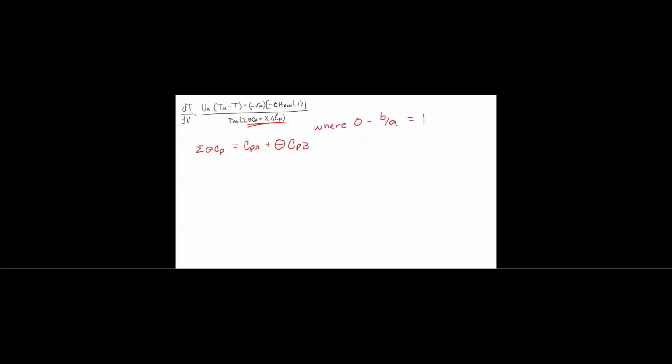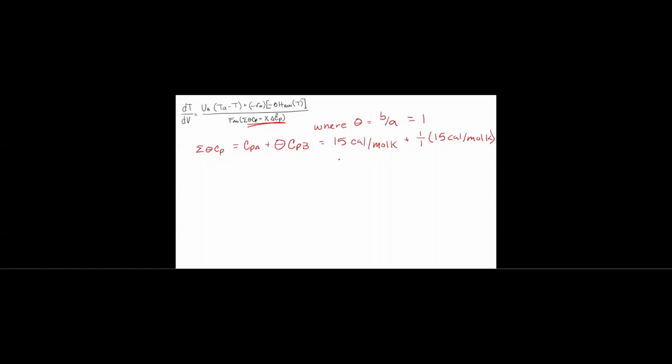So in our case, this is equal to 1 as all of our coefficients in our chemical equation are equal to 1. Our CPs are given in that block of given information, and this becomes 15 calories per mole Kelvin plus our 1 over 1 times 15 cals per mole Kelvin.